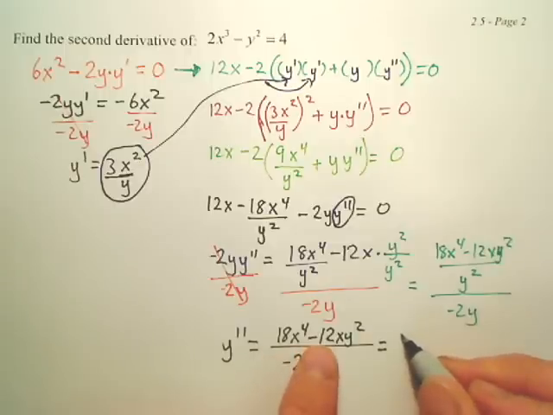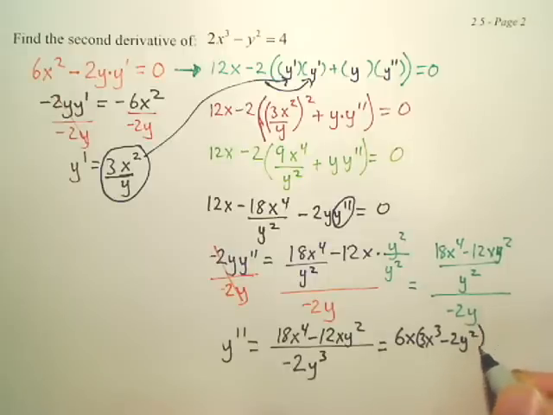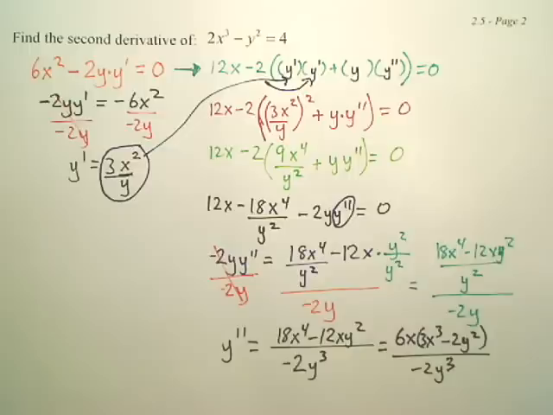Does 6 go into both these? And an x. Oops, that'd be 3x to the 3rd minus 2y squared over negative 2y cubed. And one more piece.